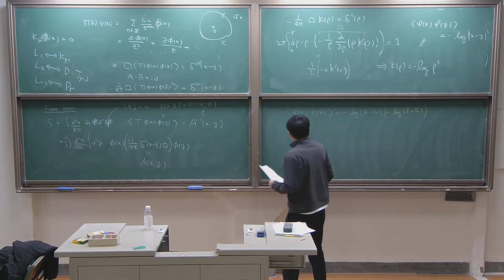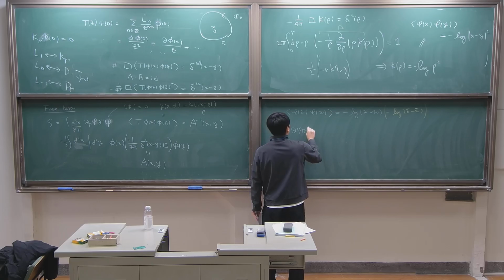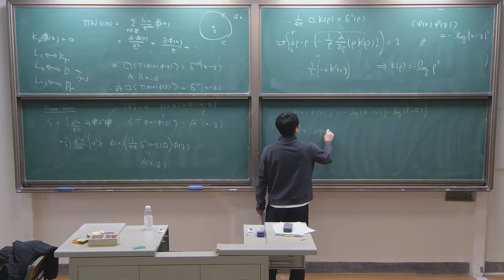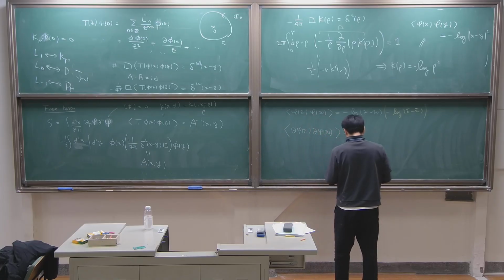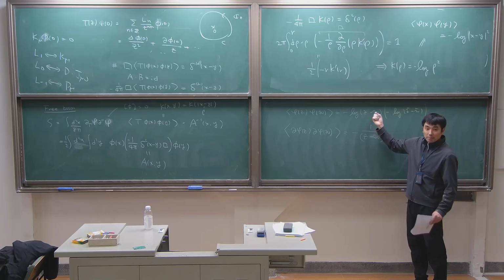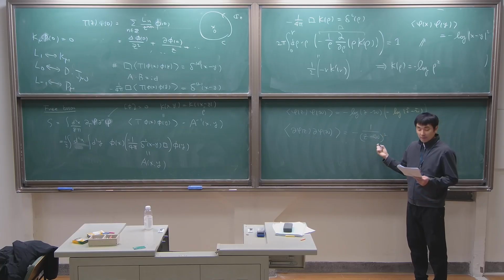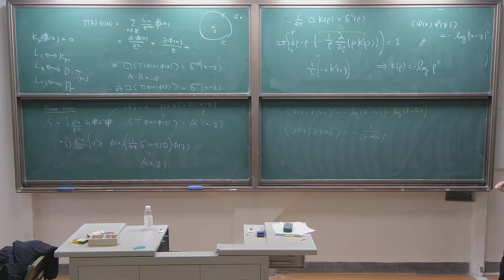So then from here, if you take a derivative with respect to z and a derivative with respect to w, the correlation function of this one is in fact equal to minus 1 over z minus w squared. So you just take the derivative with respect to z and w here, and that's what you get from this analysis.